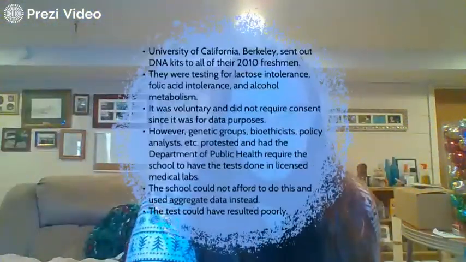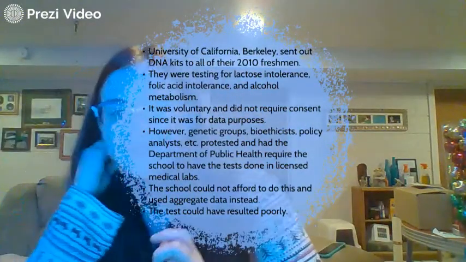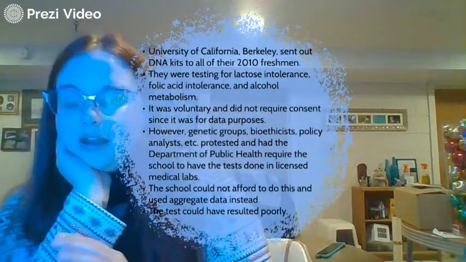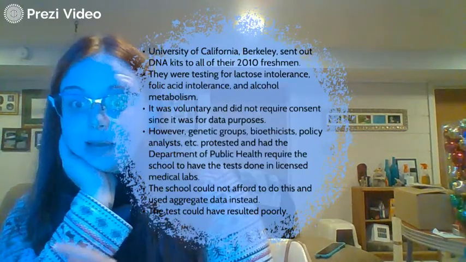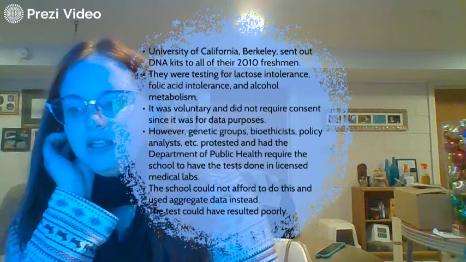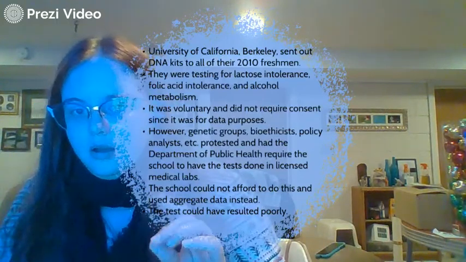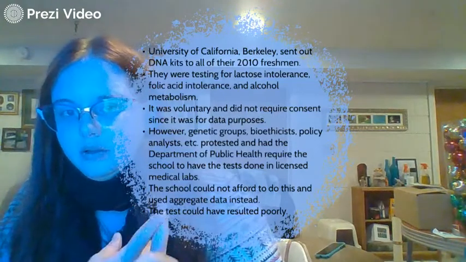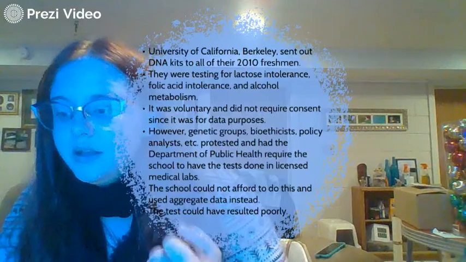The next would be the student testing. So the University of California, Berkeley sent out DNA kits in the summer of 2010 to all their incoming freshmen to see their ranges on alcohol metabolism, folic acid intolerance, and lactose intolerance.